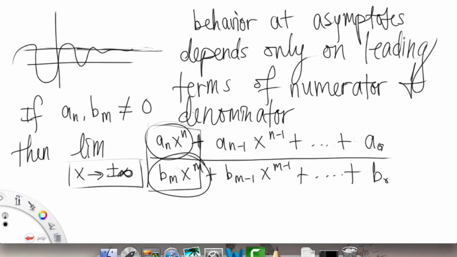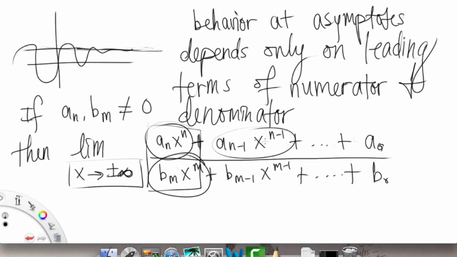So, for example, if you were to have x to the third minus 2x plus 1, then x to the third would be your leading term in the numerator, and everything else, the minus 2x and the plus 1, would become very insignificant in the long run.